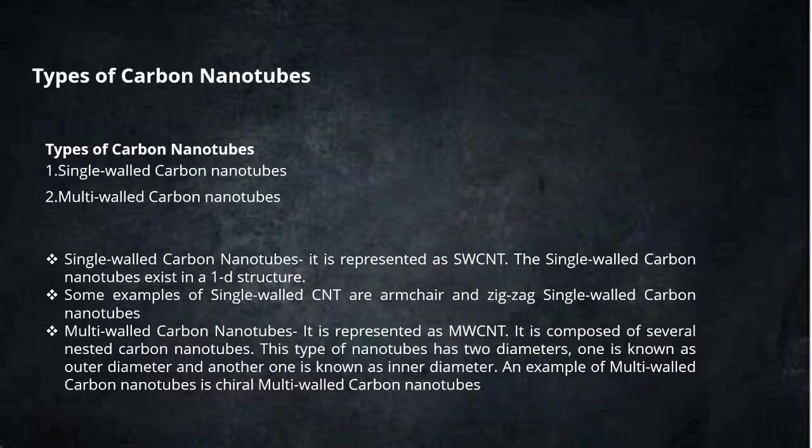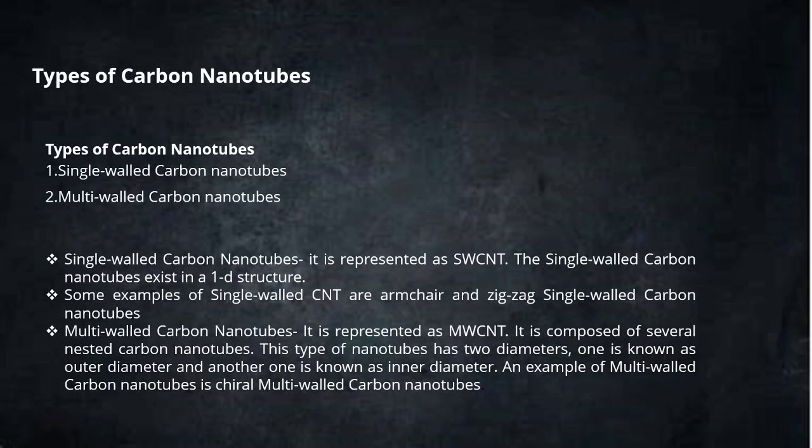Next, the types of carbon nanotubes. There are two types: the first one is single walled carbon nanotubes and the second one is multi walled carbon nanotubes. Single walled carbon nanotubes are represented as SWCNT. They exist in a 1D structure, and some examples are armchair and zigzag single walled carbon nanotubes.